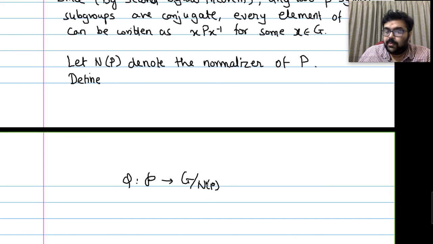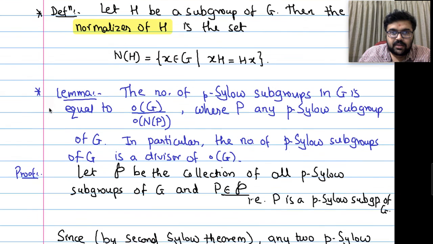Okay, G quotient NP. It should be a normal subgroup, right? So let me write an exercise here.